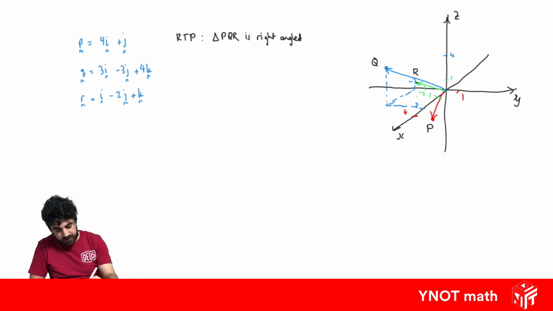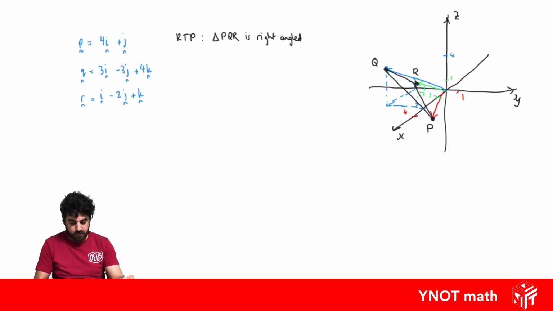which means that we need to take the points that all these form, join them together, and show that that triangle there is right angled. Okay.